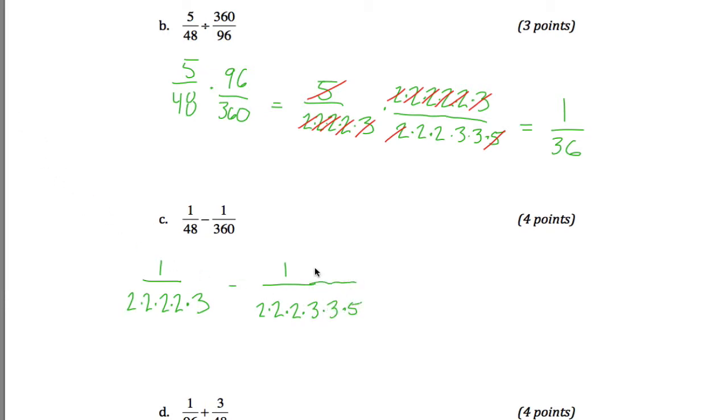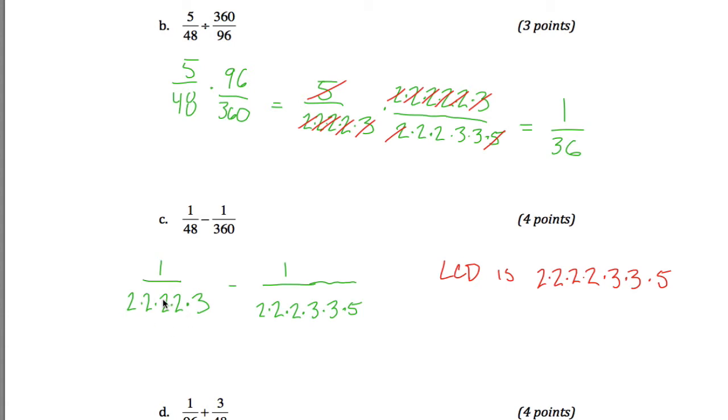So what we need to know is what is the least common denominator. The LCD is, well, let's see, we got 4 2's over here and 3 2's over here. So we'll need at least 4 2's. What about 3's? I got 1 here, but I'll need 2 for this side. So I better tack on 2 3's here and a 5.